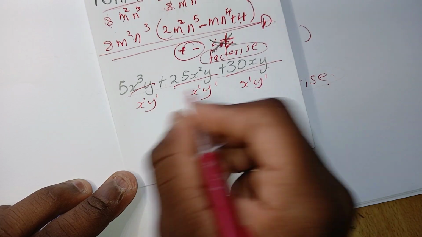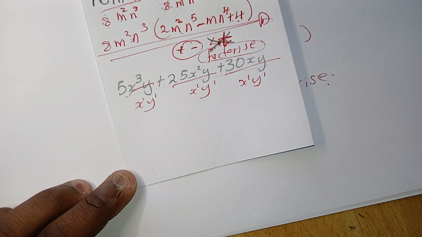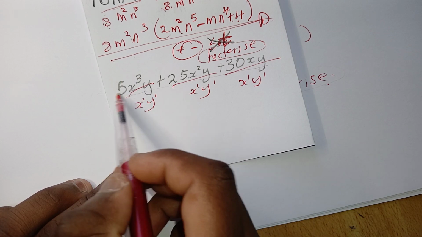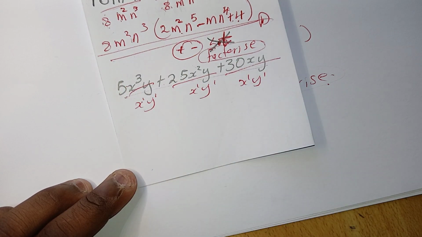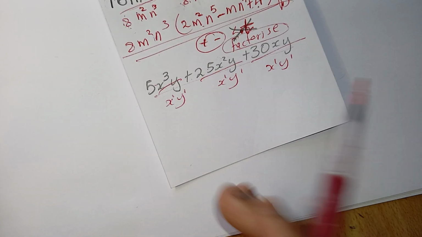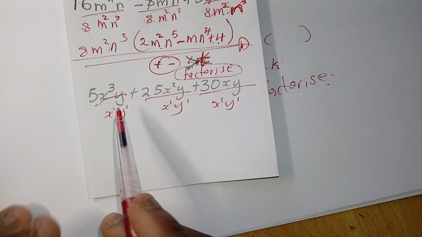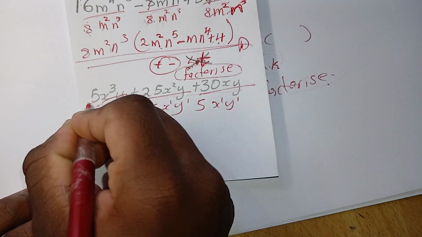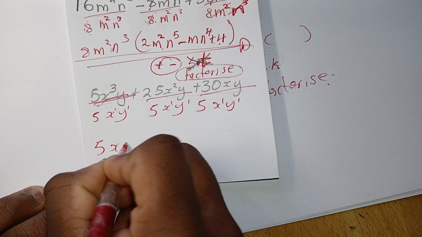Then you take a bigger number that you can divide here, there and there. A bigger number that you can divide here and there, it's 5. Meaning this one is my common factor.